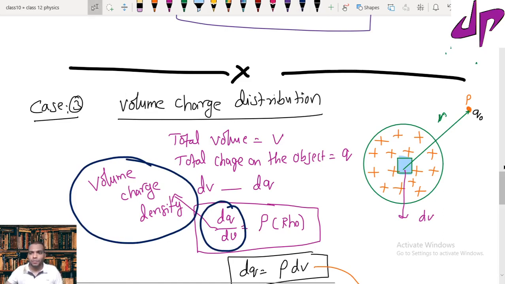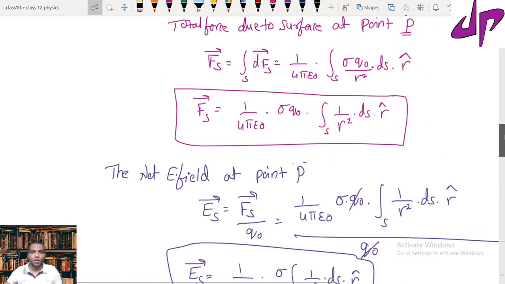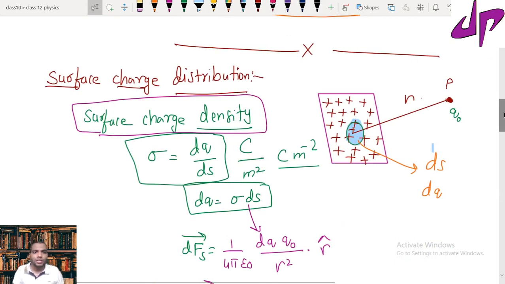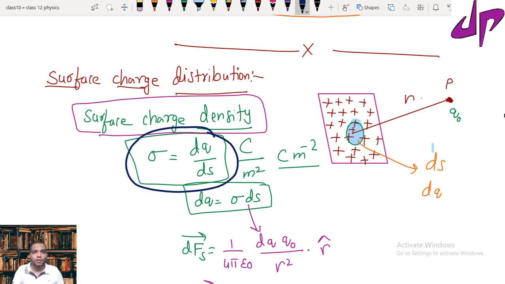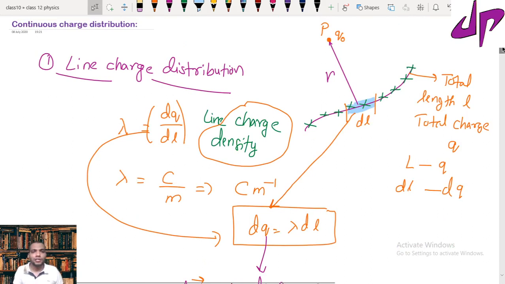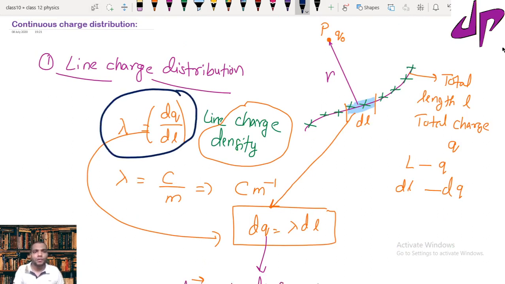At the same time, I would like to define one more definition, called surface charge density. It means charge per unit surface, dq by ds, which we represent with sigma. Finally, linear charge density, charge per unit length. So the charge per unit length we define as linear charge density.